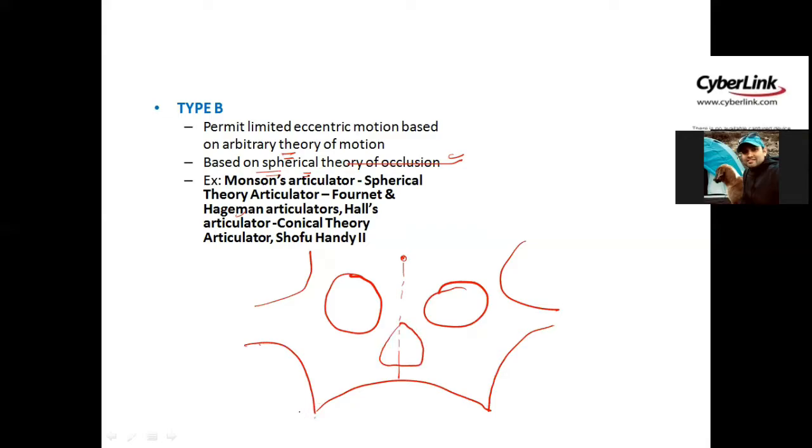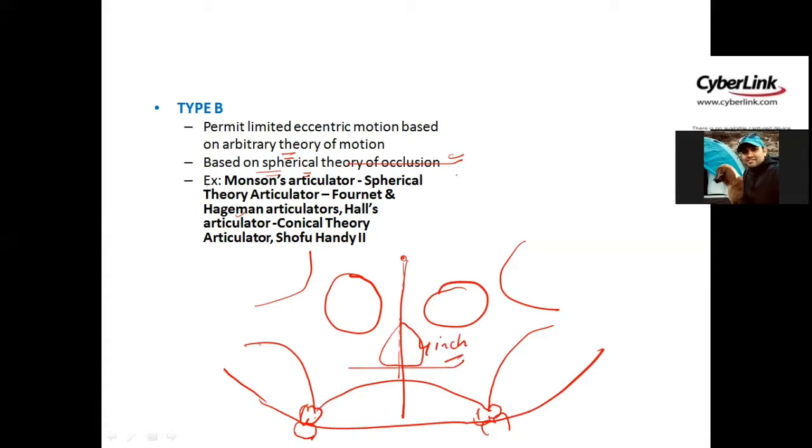Now, this is your upper teeth and this is your lower teeth. From glabella, when we draw a line, it makes a sphere of 8 inches diameter. So this is 4 inch, right? This is the spherical theory of occlusion.